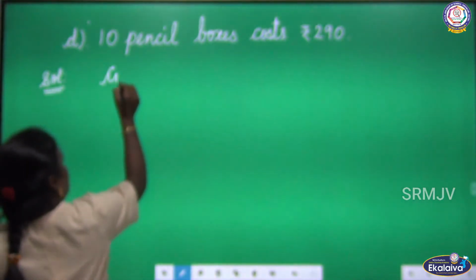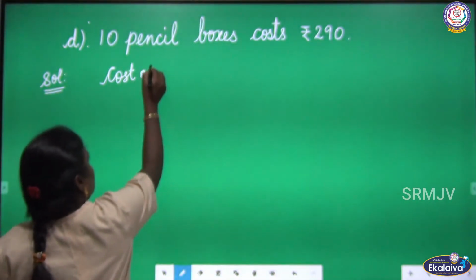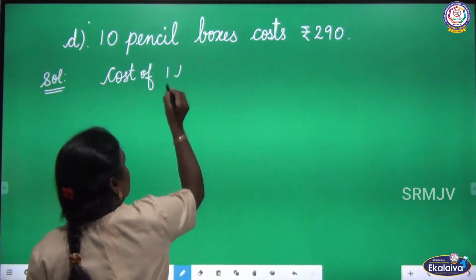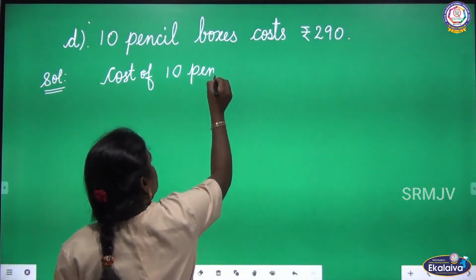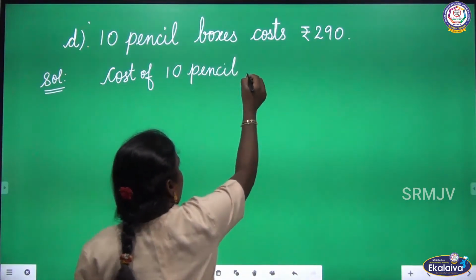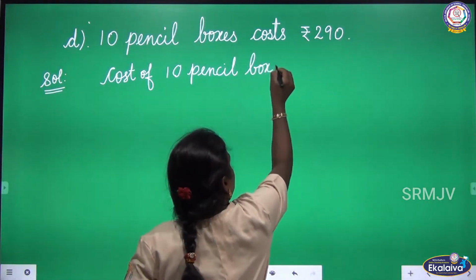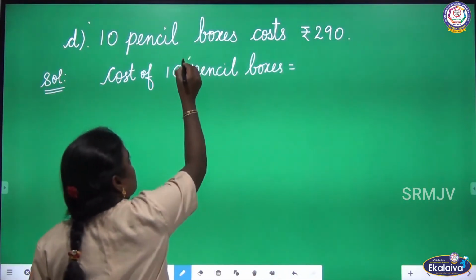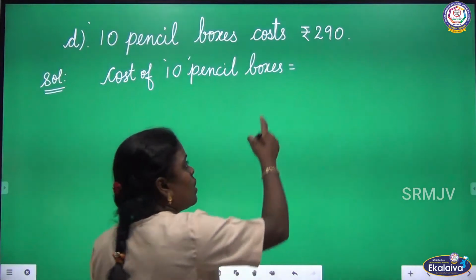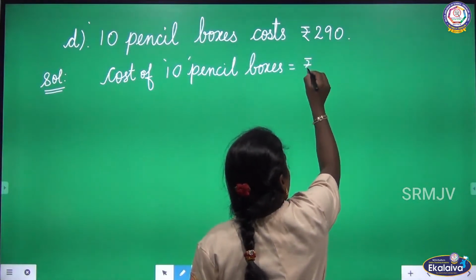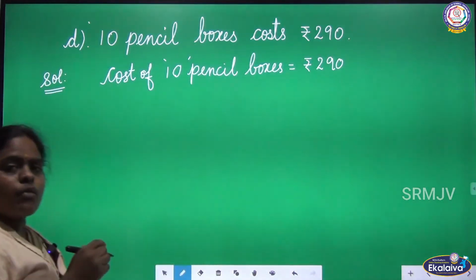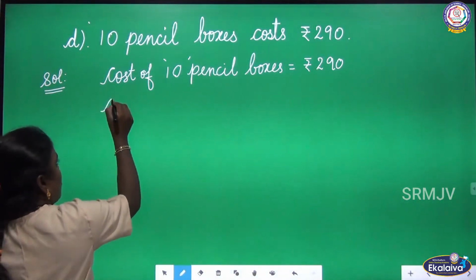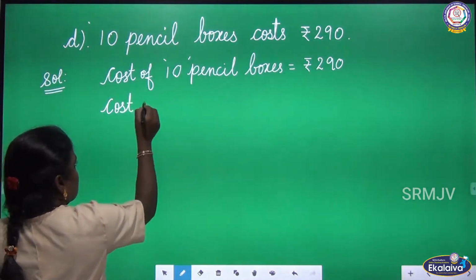Cost of 10 pencil boxes equals rupees 290. We want to find out the cost of one pencil box.